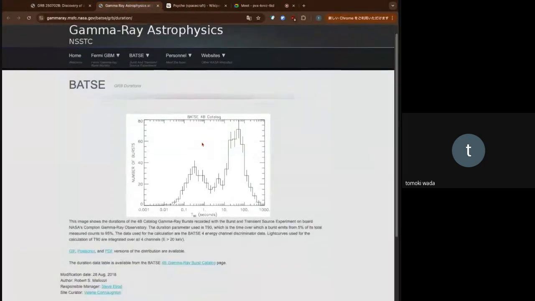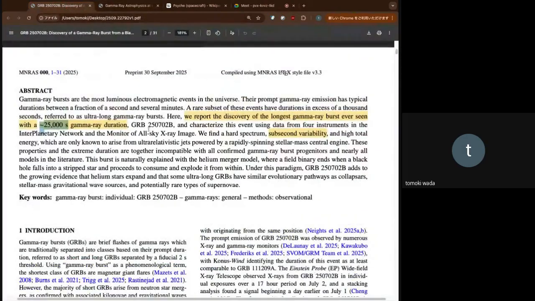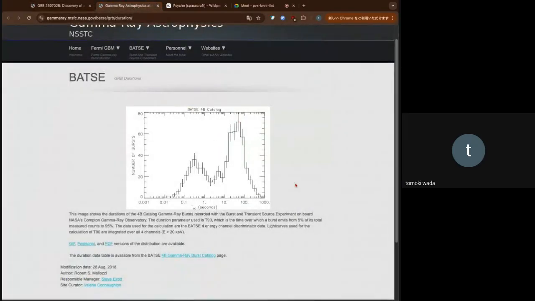Before going into detail, this figure shows the distribution of time durations of gamma ray bursts. There are two big groups, short ones and long ones. Even for the long ones, the typical duration is between 10 and 100 seconds. But this GRB continues for about 25,000 seconds, so it's much longer than the typical ones.